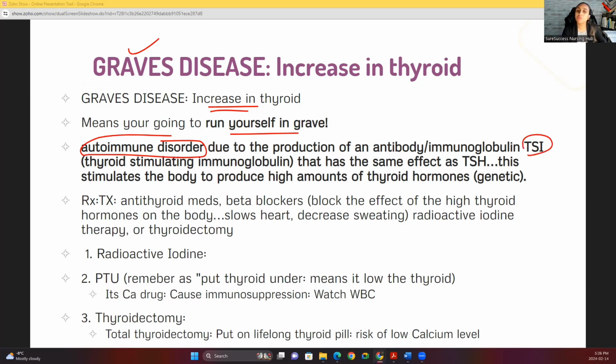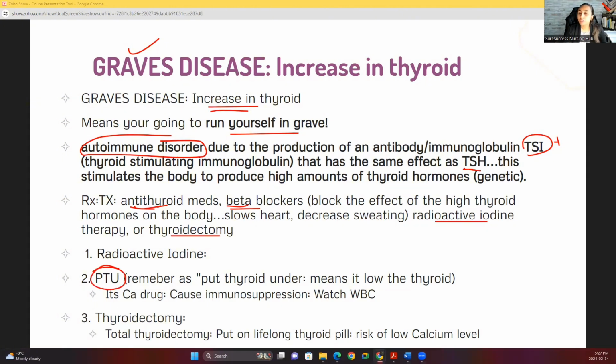TSI has the same effect as TSH; it is mimicking the TSH, and the body is thinking, I have to produce T3, T4, and it is super high. So again, the medications will be the anti-thyroid medication. Beta blockers are very important for the heart rate and the blood pressure. All right, and radioactive iodine, thyroidectomy, the same ones.